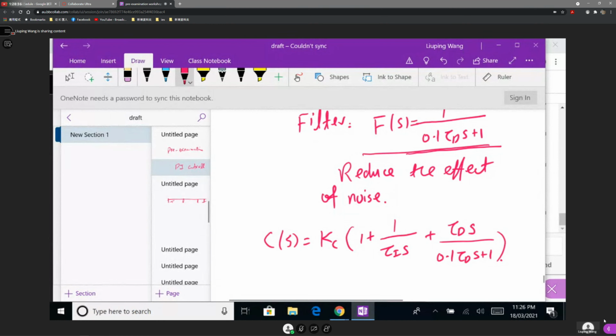So what we have, we always put the filter on the derivative term at the output only.